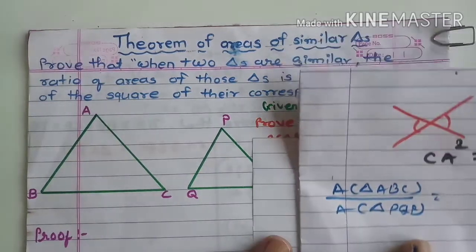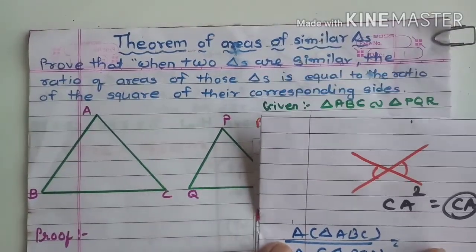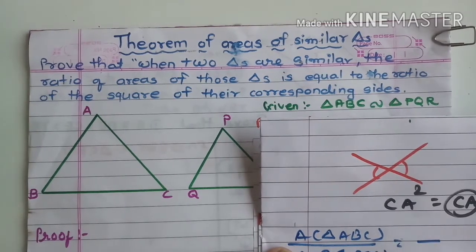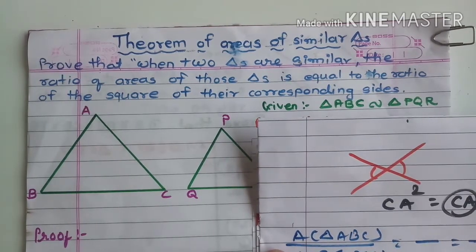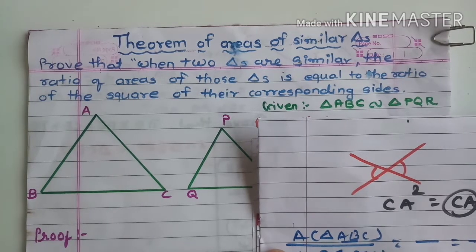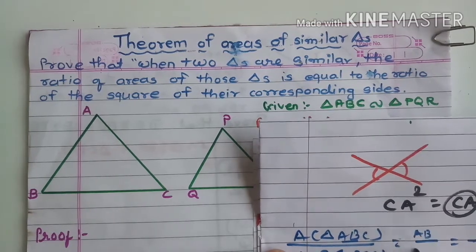The ratio of areas of two similar triangles is equal to the ratio of the squares of their corresponding sides. So we have three corresponding sides. The corresponding side of AB in PQR is PQ. So AB upon PQ.